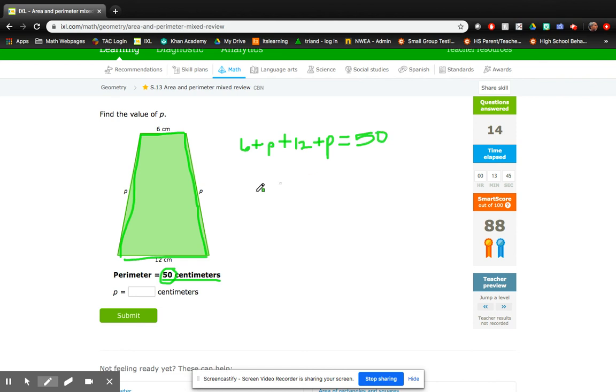And so I'm going to just combine like terms here. My p plus p is going to be 2p. And my 6 plus 12 is going to be 18. And then I can solve this by subtracting 18 from each side.